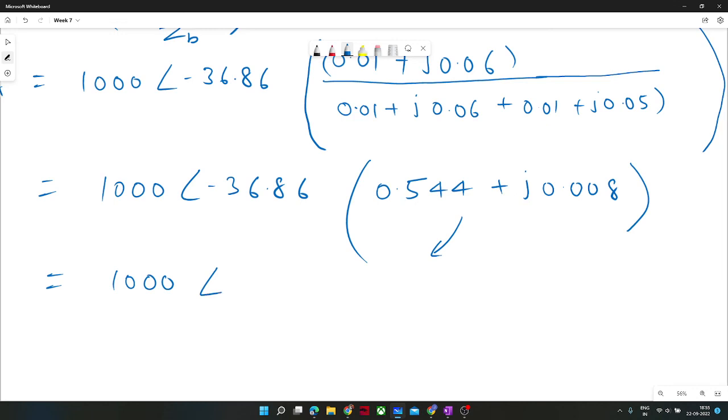So 1000 angle minus 36.86, and I have to take the magnitude, square root of 0.544 square plus 0.008 square, and that would come out to be 0.544 only with angle 0.842 degrees something is coming.